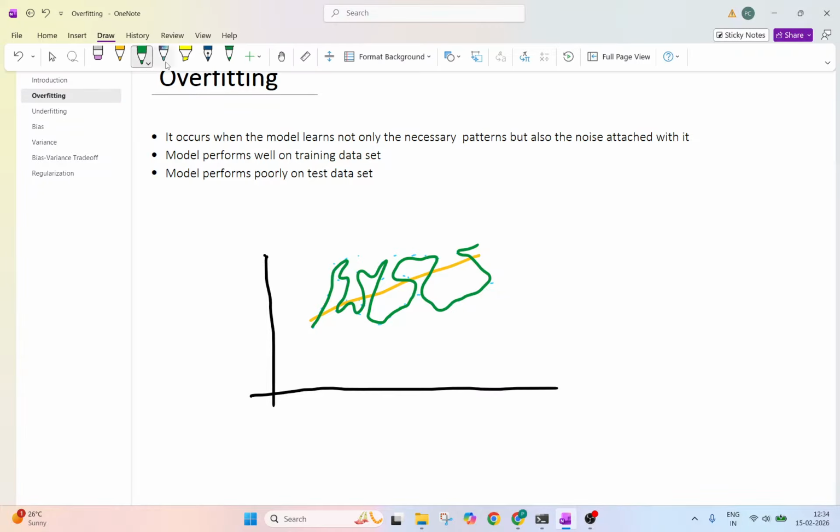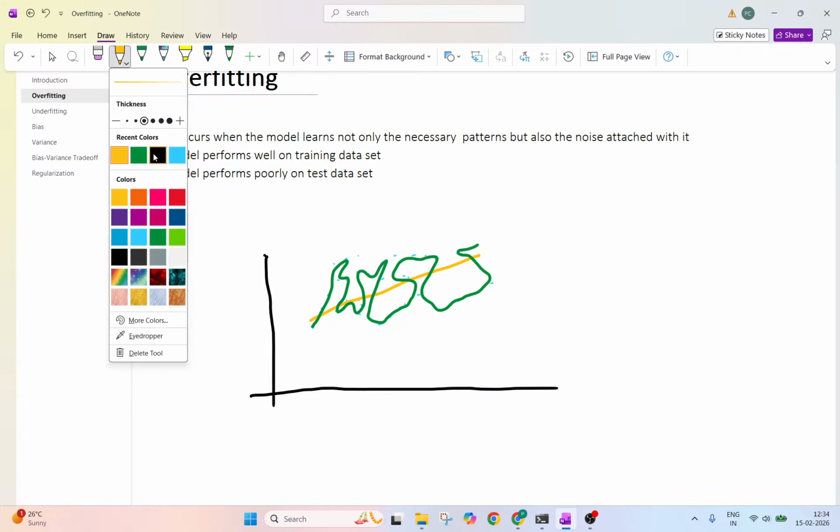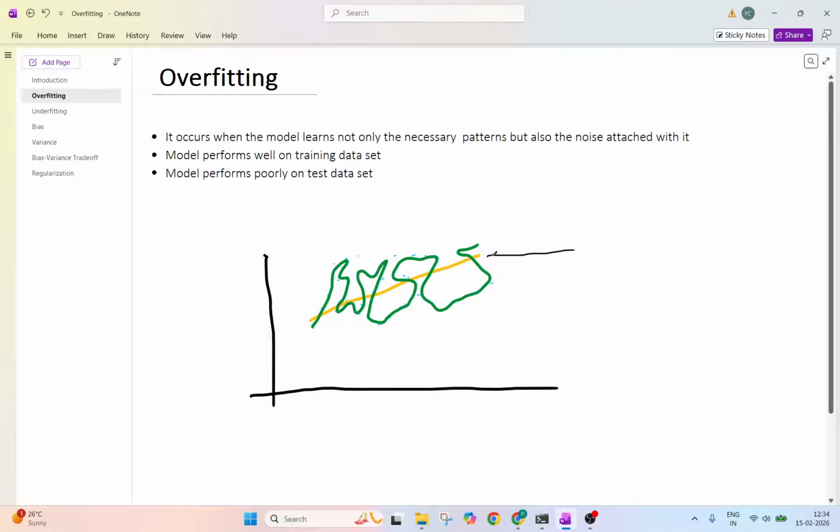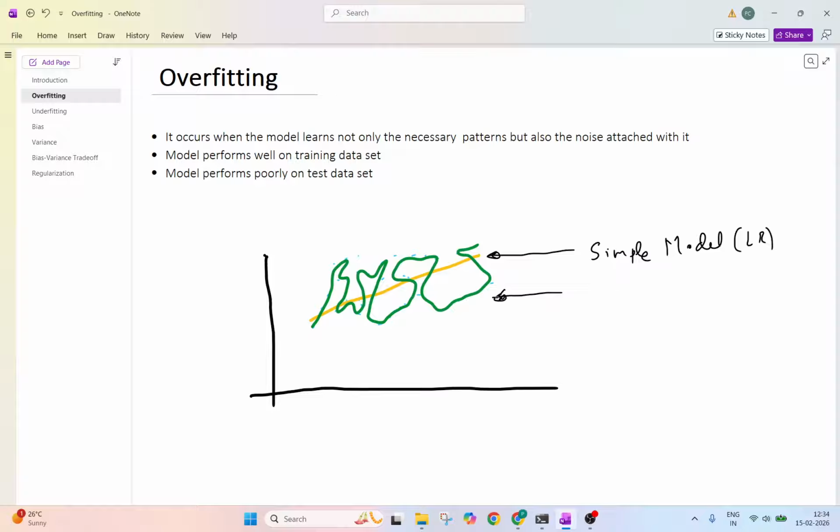Initially, this was a very simple model, a simple linear regression model. But now it has become a very complicated model. Overfitted model.